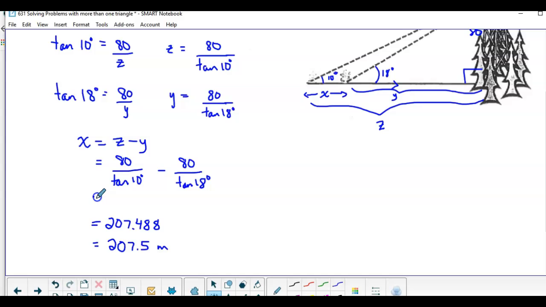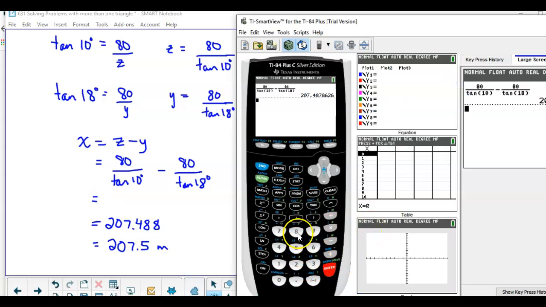Now, if you wanted to do these different parts individually, I'll do that quickly. If you have a newer calculator, you can copy that out and delete all of the rest.